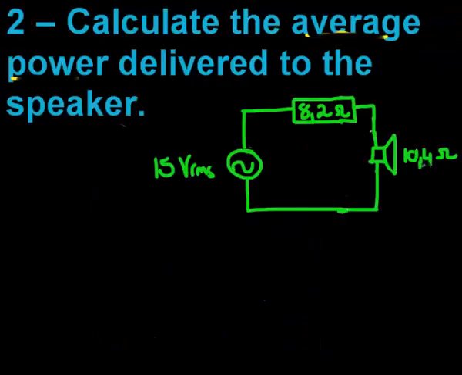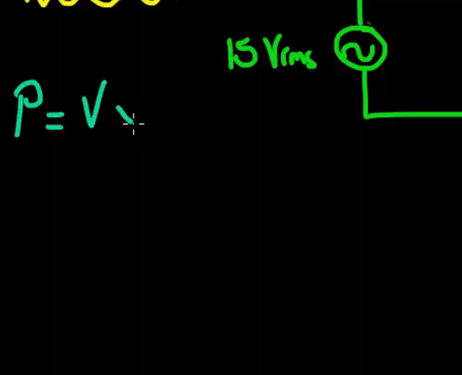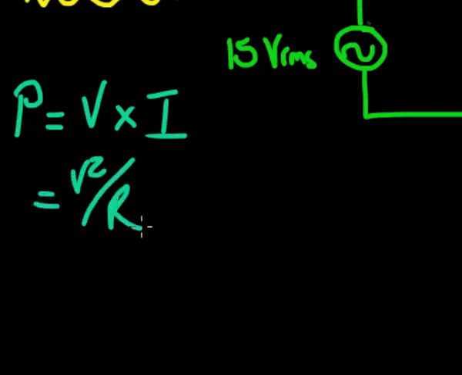Now the next question asks you to calculate the average power that can be delivered to the speaker. Note that they're specifically talking about the speaker to which this average power will be delivered. We have a few options for our power formula. We can either say potential difference times current, which are our RMS values, or we can use the potential difference squared divided by the resistance, or the current squared times the resistance.